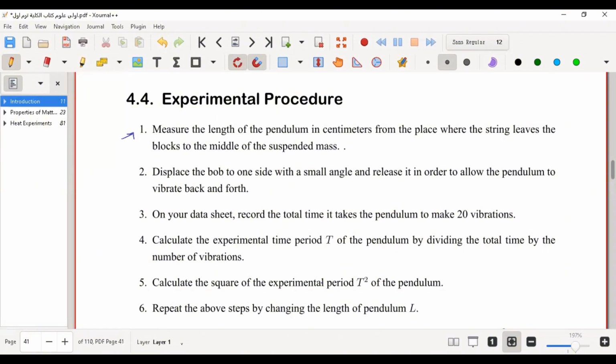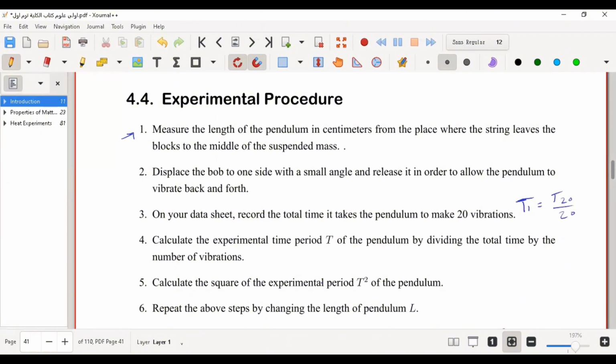Why do we need to make 20 vibrations? Why don't we use the time for a single vibration? Actually, this is used to reduce the error in the experiment.